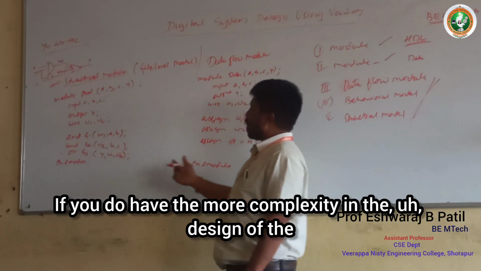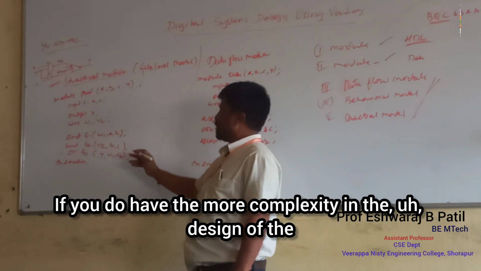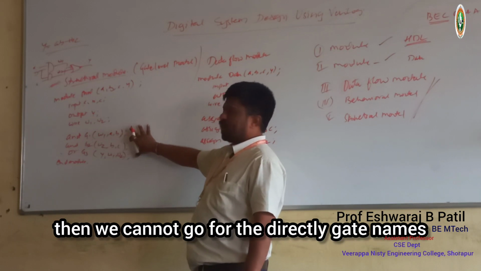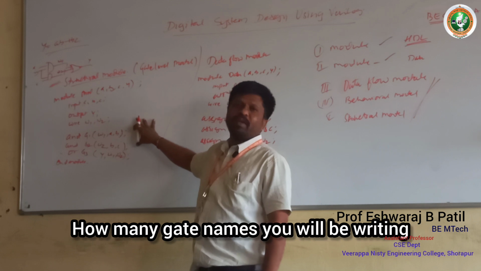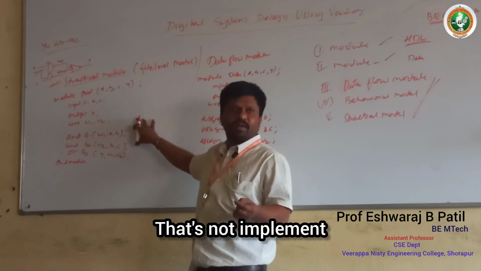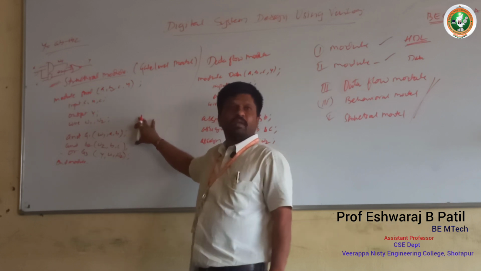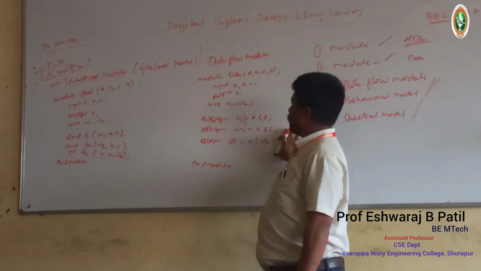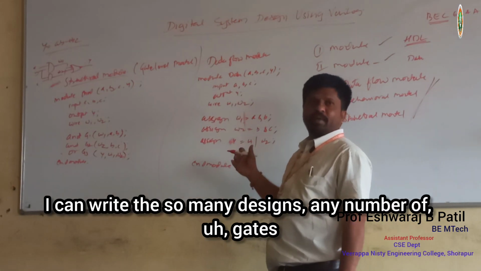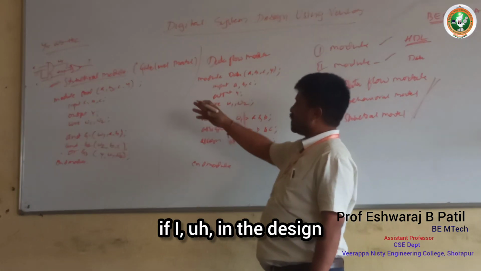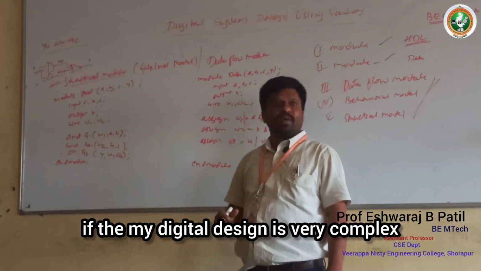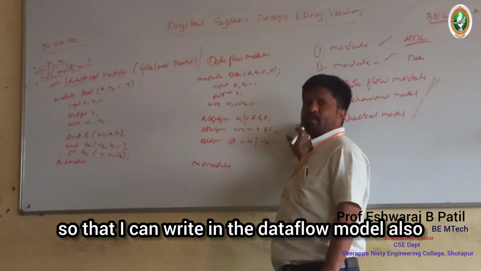If you have more complexity in the digital design, then we cannot go for directly writing gate names. How many gate names will you be writing? That is not at all possible. But here I can write so many designs, any number of gates, so if my digital design is very complex I can write it in the data flow model also.